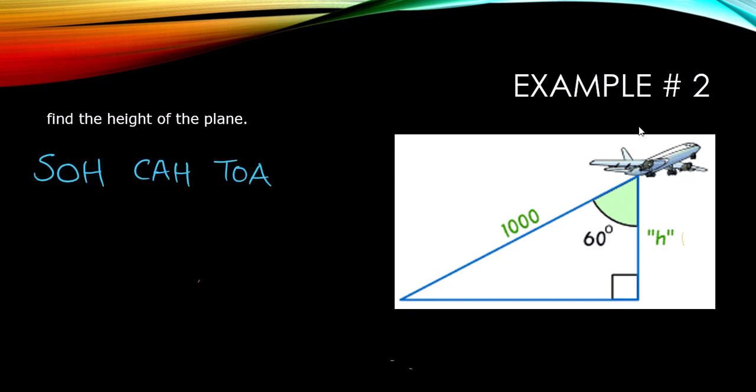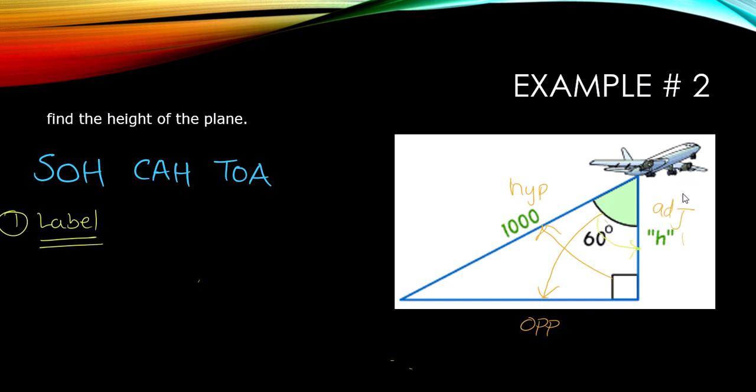So step number 1, label your triangle. When you label, the side that is opposite to the 90-degree angle is your hypotenuse. The side opposite to your reference angle, the reference angle is the angle that is given to you, so 60 degrees is given to us, is your opposite side.